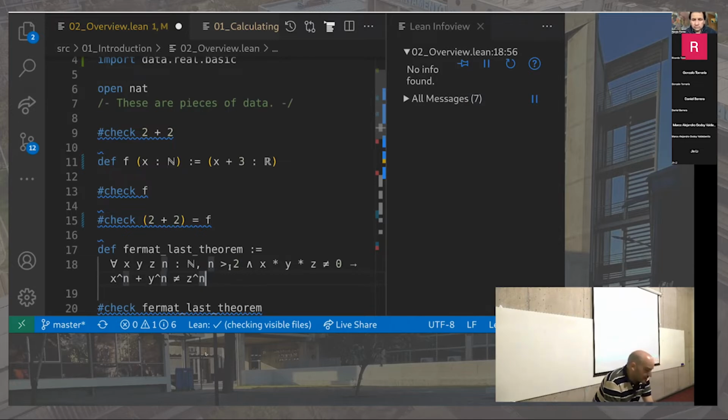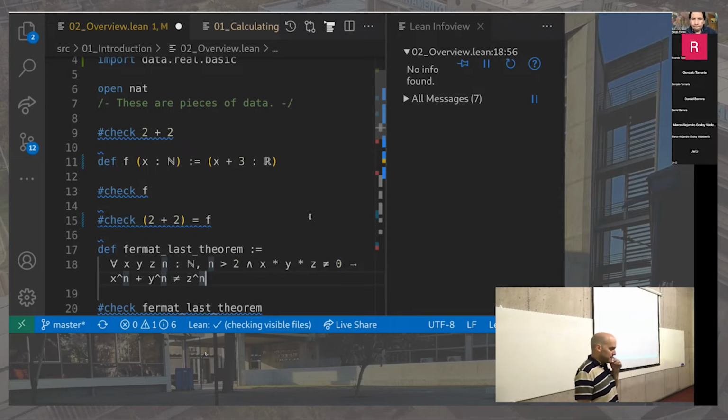You see that the proposition is pretty readable: for all x, y, z, n natural numbers, n bigger than 2 and x times y times z different from 0 implies that x to the power of n plus y to the power of n is different from z to the power of n. So this is what is usually called Fermat's theorem. I mean, there are a million equivalent formulations.